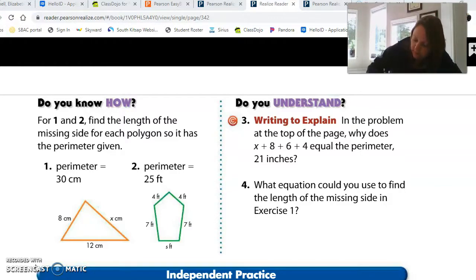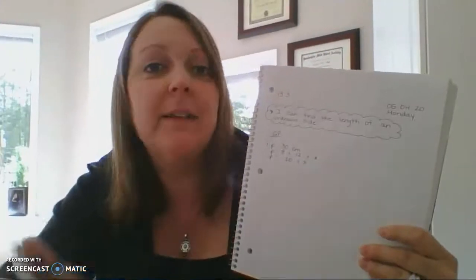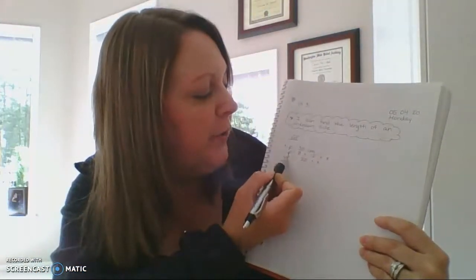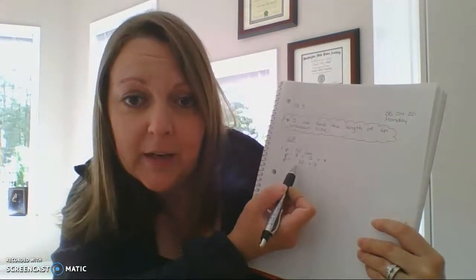So I'm going to go like this. P equals 8 plus 12 is 20 plus x. Now remember, when you have an equation, both sides of the equal sign have to be the same. So if I know that it's 30 over here, 20 plus what is 30?